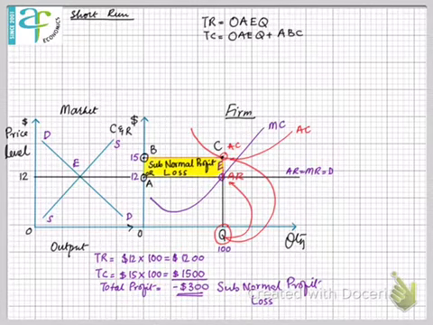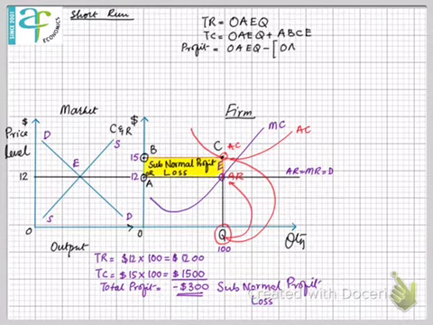So OAEQ plus ABCE. Now profit is total revenue minus total cost, which is OAEQ minus. It's very important to put a bracket here because there are two rectangles. The sum of those two rectangles is total cost.